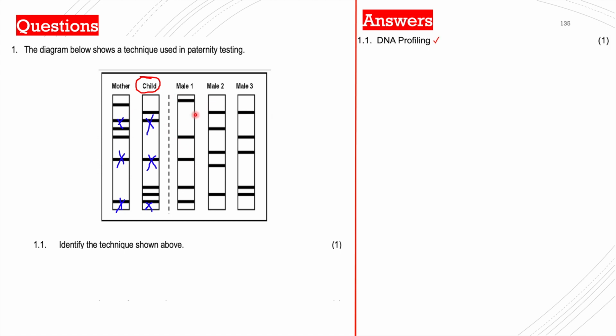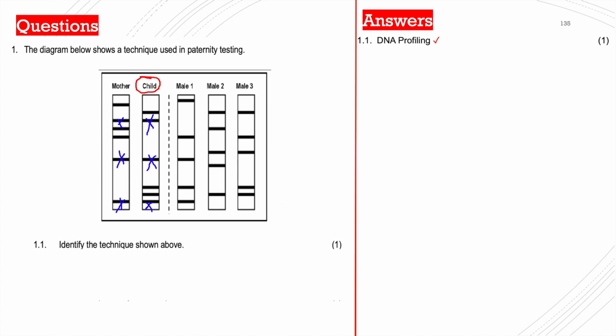Let us check by using a different color. I'm going to use green to analyze. Let's check. This first black bar does not match male 1. However, it matches male 2 and male 3.